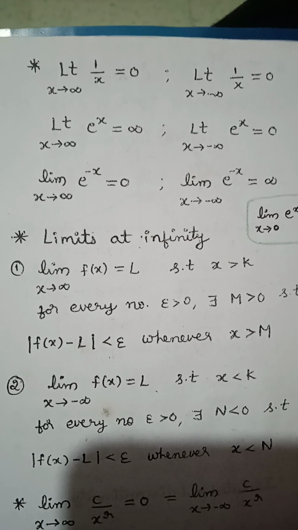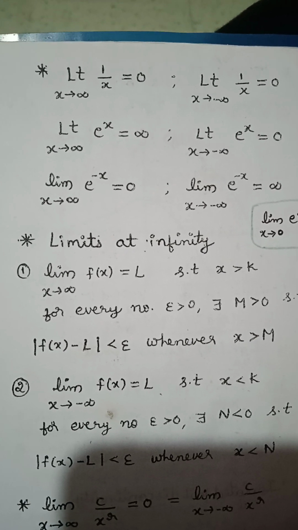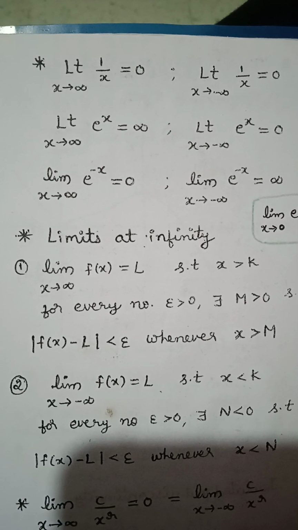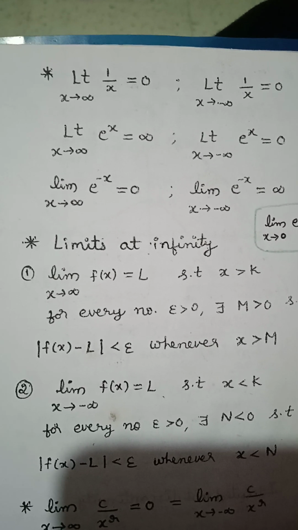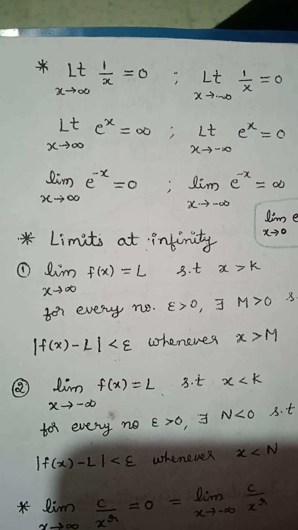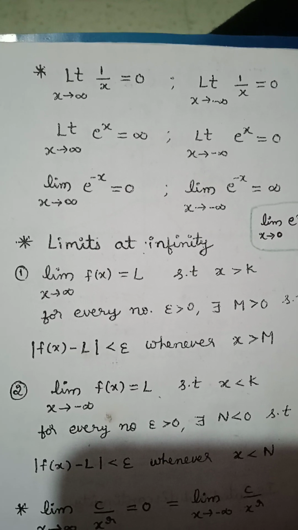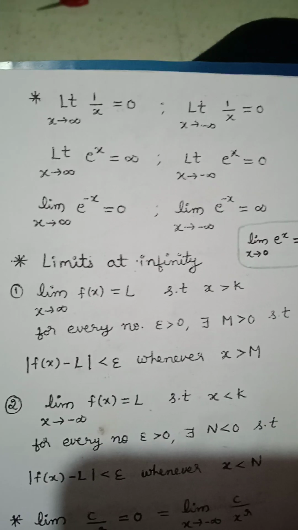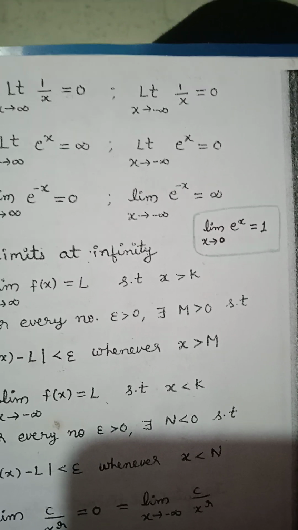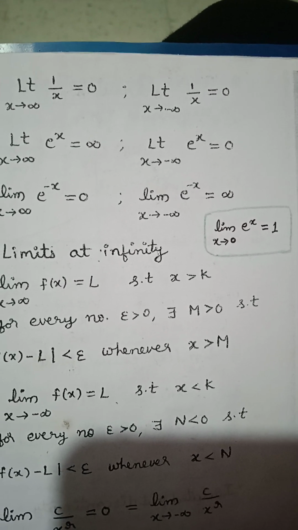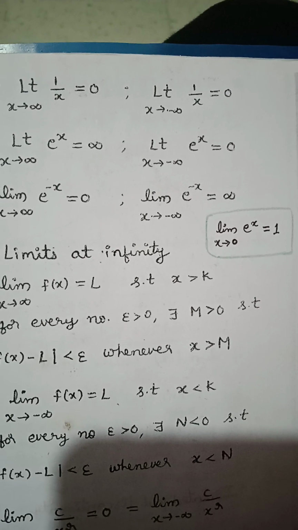Limit x tends to infinity e power minus x equal to 0. Limit x tends to minus infinity e power minus x equal to infinity. Limit x tends to 0 e power x equal to 1.